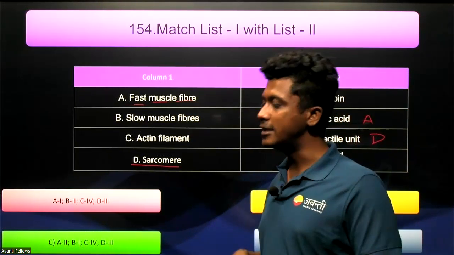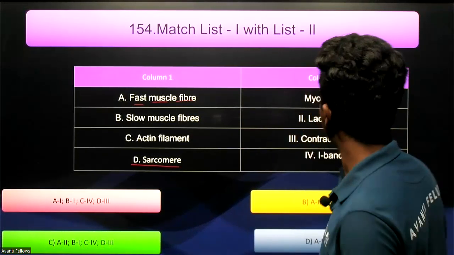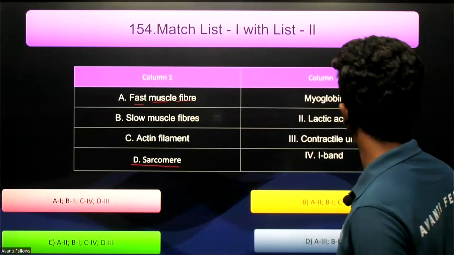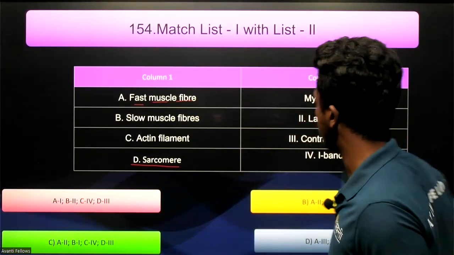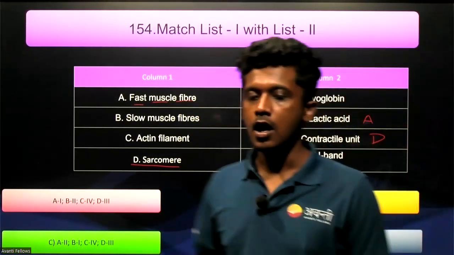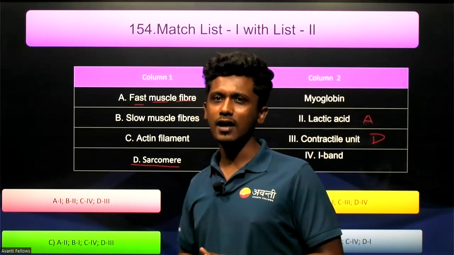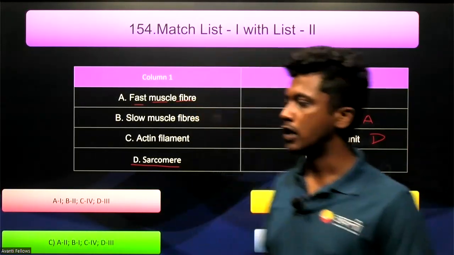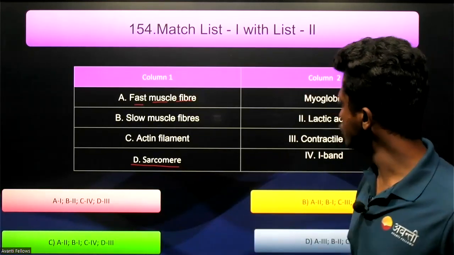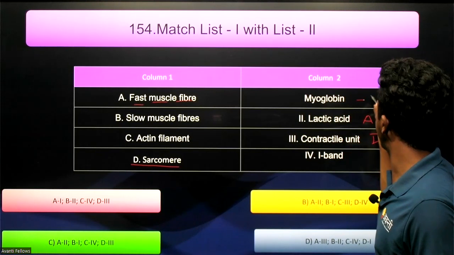That will not lead to lactic acid formation or cramping. So slow muscle fibers are very important with respect to not cramping. And the reason for slow muscle fibers not cramping is because they have a very high amount of myoglobin, which supplies oxygen to these tissues at a very high pace. So that is also another reason. So I'll write it as B here.